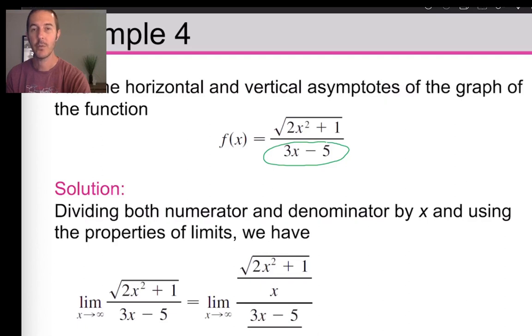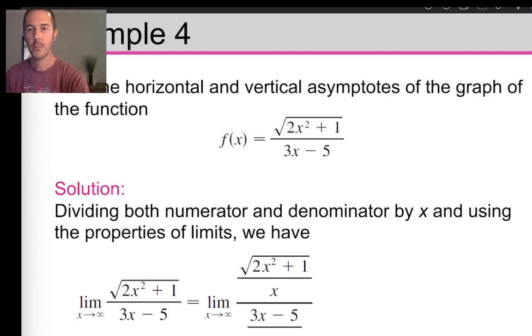That vertical asymptote will happen when this factor in the denominator equals 0. So we can find the vertical asymptote simply by setting 3x minus 5 equal to 0 and solving for x.